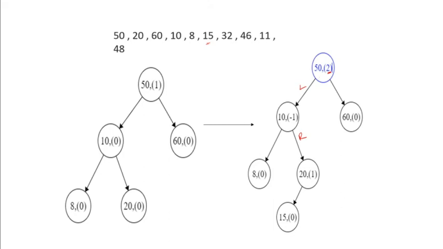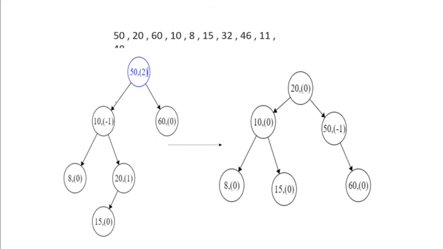Rotation should be performed at this node, and from this node you need to look at the direction in which the newly inserted node has been added. So you need to perform an LR rotation. Firstly you need to perform an RR rotation and then an LL rotation.